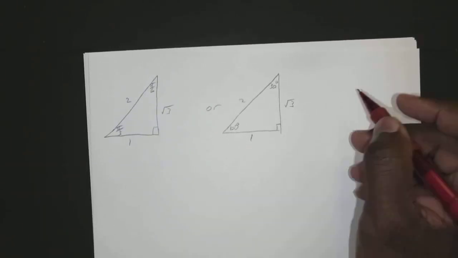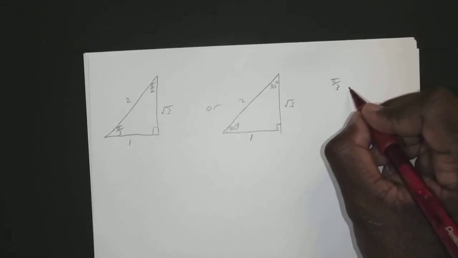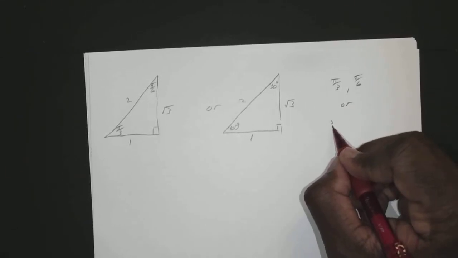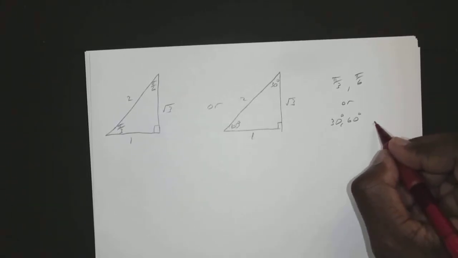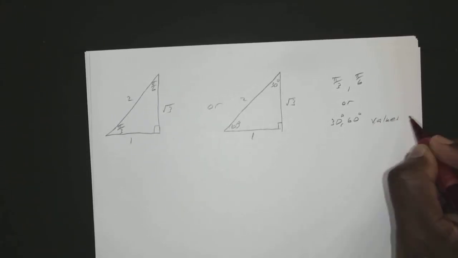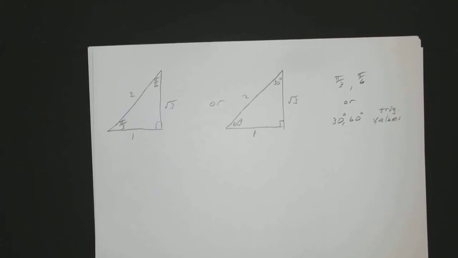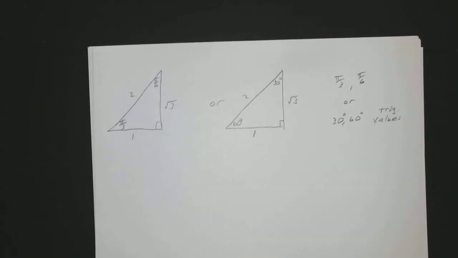Okay, so this is for your pi over 3, pi over 6, or 30 and 60 degree values, or trig values. Okay, so even if you just remembered one of these, you can convert the pi over 6 to 30 degrees.